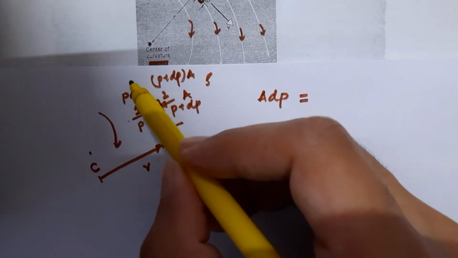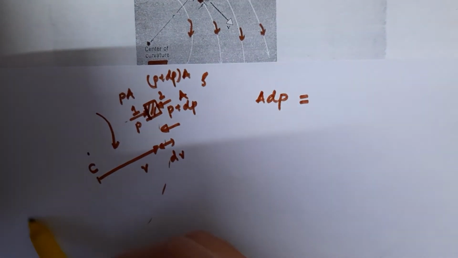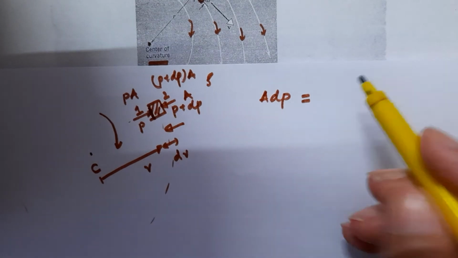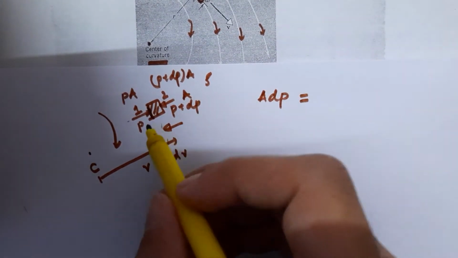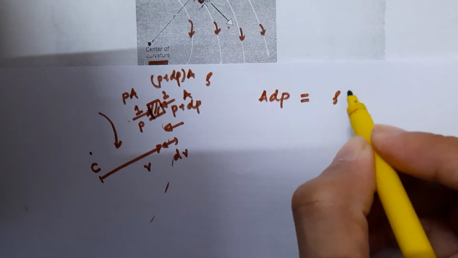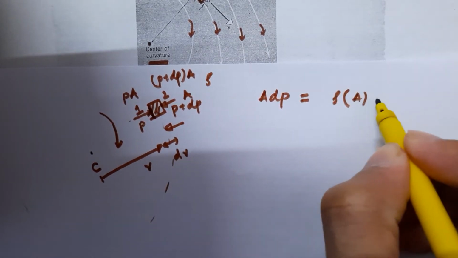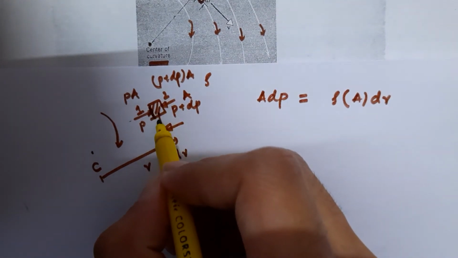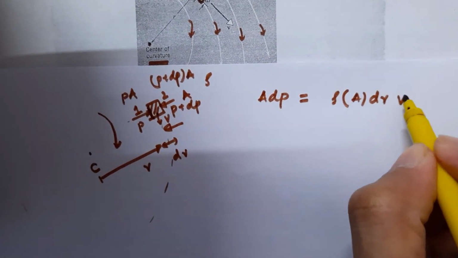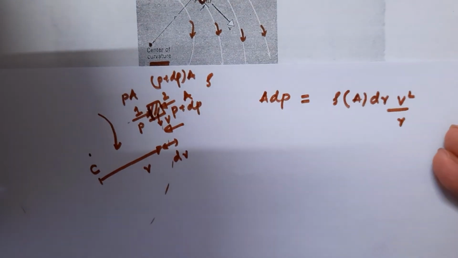R is the radius of curvature at this point, the distance from the center of curvature. The mass will be rho into its volume, that is A dr. Suppose the velocity is v, that is mv square upon r.